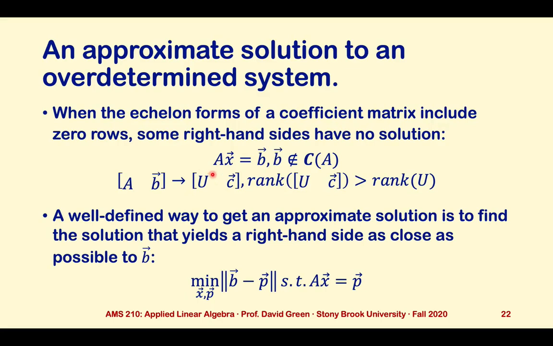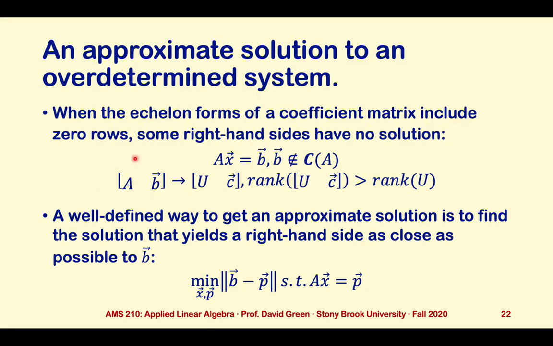We can describe this in a few different ways. We can say AX equals B. If B is not in the column space of A, then this has no solution. We can also define this more operationally.